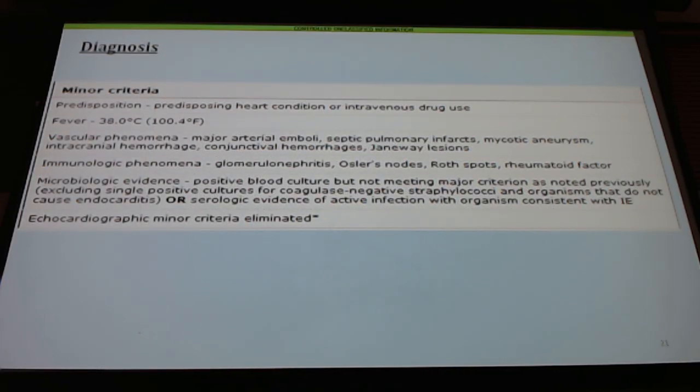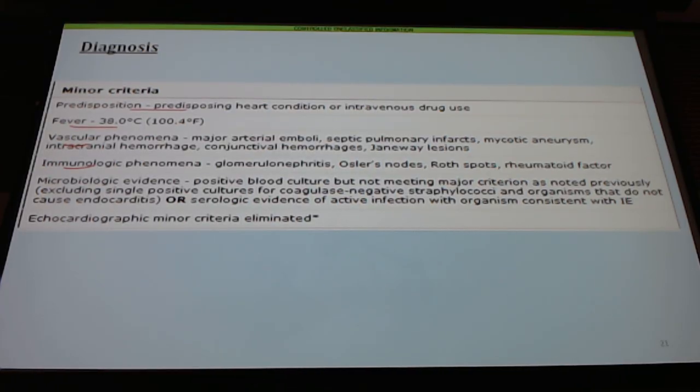And then our minor criteria, this is why you need 5 of these if you don't have any majors. You need 5 of these in order to have definite infective endocarditis, because these are very vague kind of symptoms. So they have a predisposing heart condition, or they're intravenous drug users. They have a true fever. They have evidence of a vascular phenomenon, which we'll talk about.